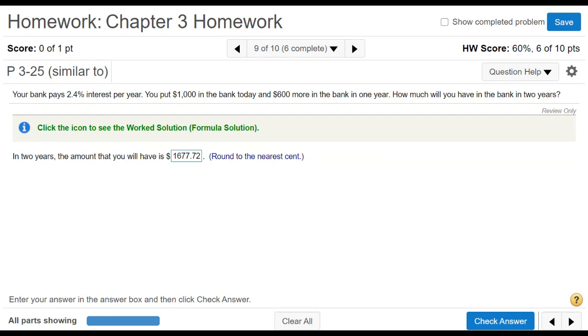So the $1,000 is in there for 2 years, and the $600 is in there for 1 year. So you have two different things going on. For the $1,000, N is equal to 2. For the $600, the number of periods is equal to 1. Then add them together and give me the answer.